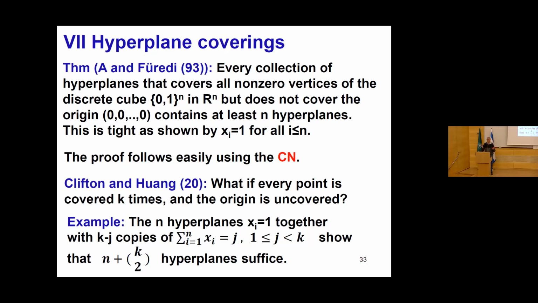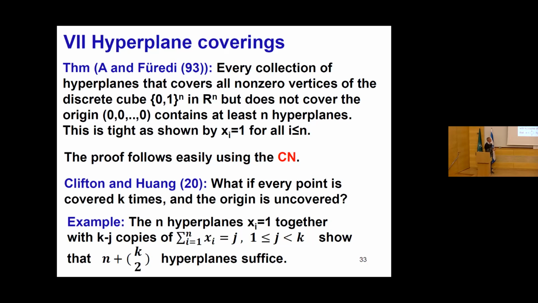And the proof, again, is an easy implication of this combinatorial Nullstellensatz. Now, there is an extension of a question by Clifton and Wang, and they asked what happens if we want every point to be covered k times, and the origin is still uncovered.